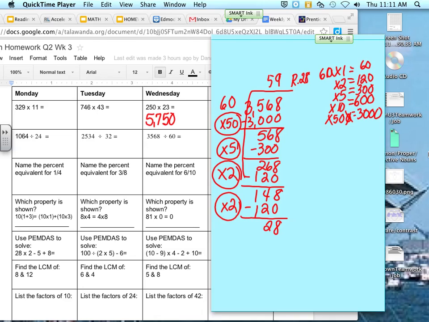What? 600 is not 600. Oh, this is 600, yeah, which gives you 568. Okay? And then you did a group of 2, or no, a group of 5, which gave us 300, and when you subtracted, you got 268, and that should be 8.